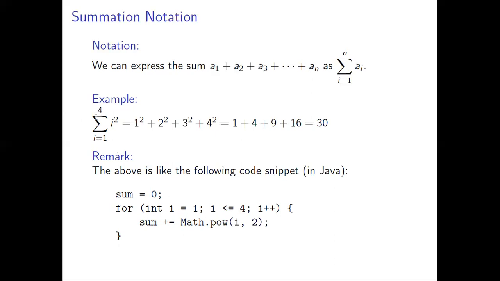That's this thing here, meaning go through 4. 4 is the last possible value for i. sum plus equals, so add to the sum, i to the power of 2, i squared. So at the end of this loop, once this loop is completed, the value of sum is going to be 30.